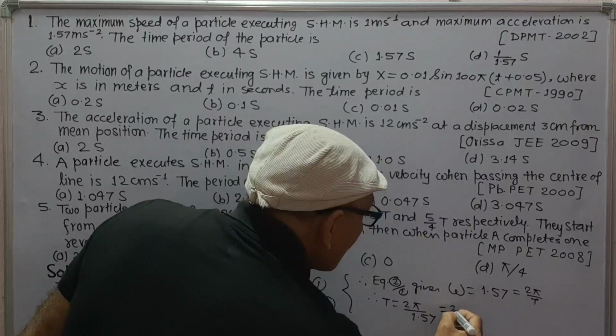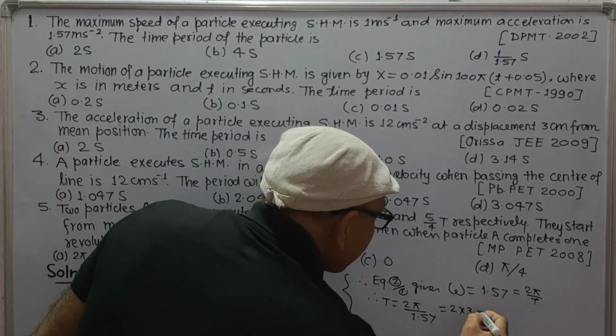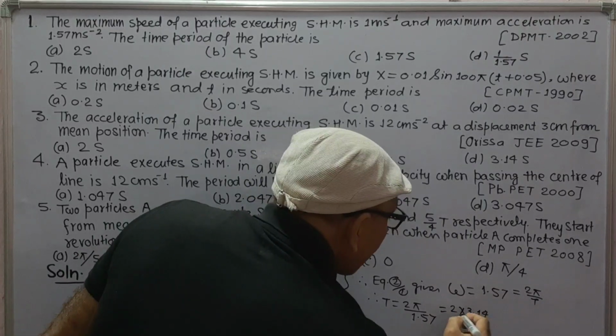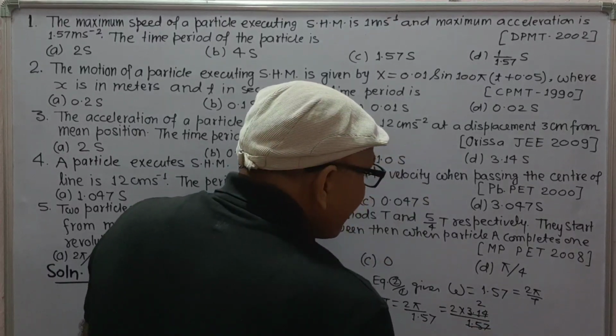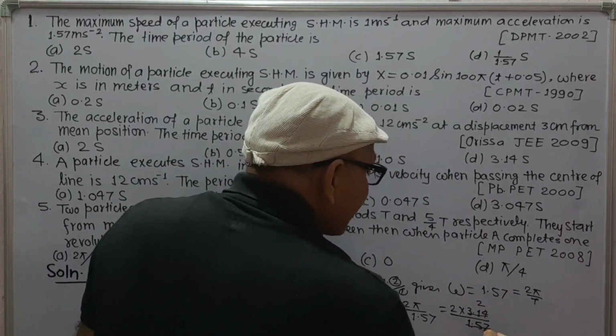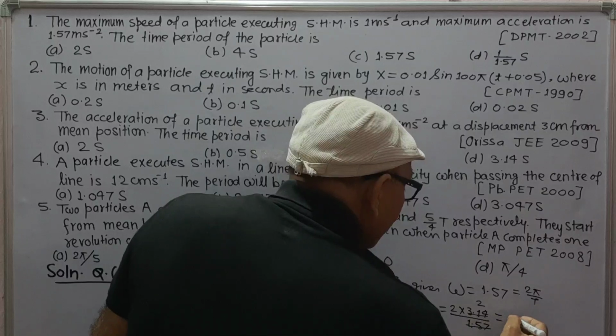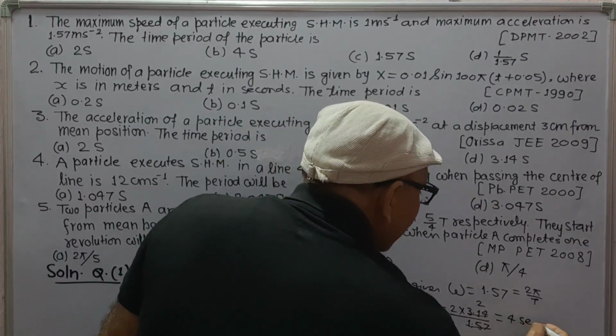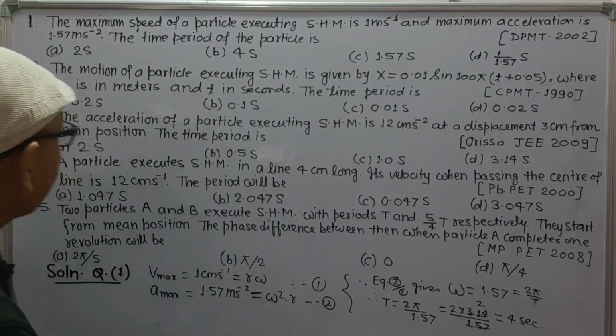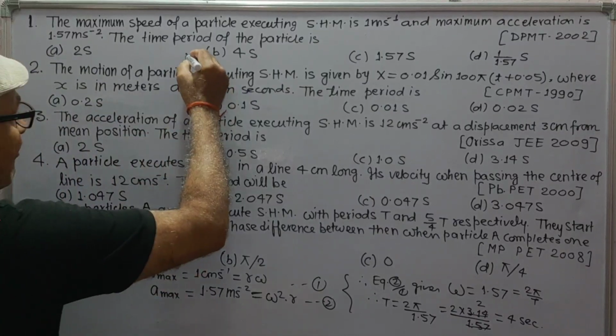This is 2 into 3.14 upon 1.57. 3.14 upon 1.57 gives 2. So the time period will be 2 into 2 means 4 seconds. So the correct option will be B.